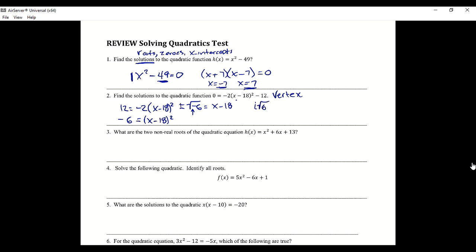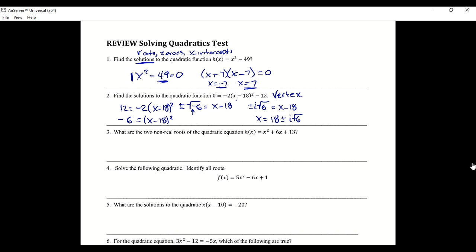Oops, I forgot my plus minus. Equals x minus 18. And then our last step is to bring the 18 over by adding it to both sides. And we end up with x equals 18 plus or minus i square root of 6.